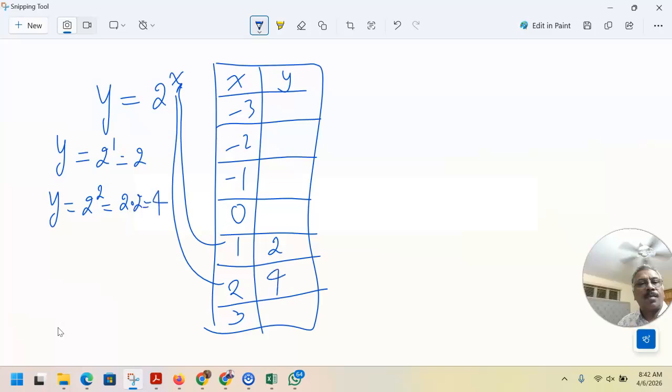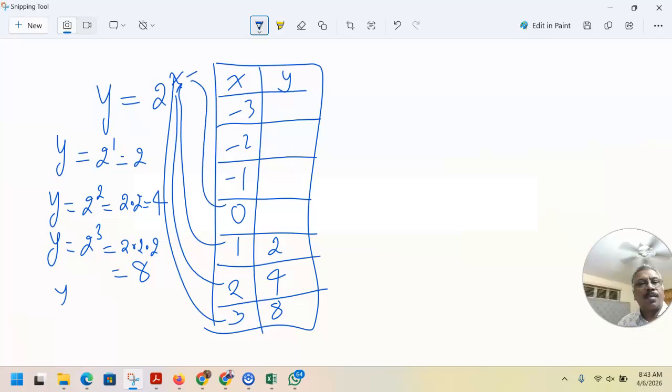If I plug in 3, this will be 2 raised to 3, which is 2 times 2 times 2. You multiply 2 by itself 3 times, that becomes 8. If I put 0, that becomes 2 raised to 0. Anything raised to 0 is 1.